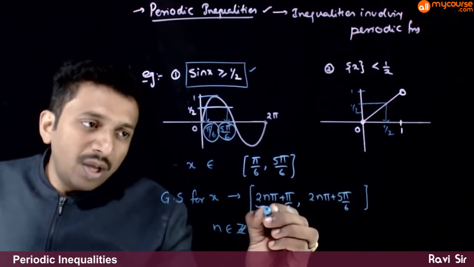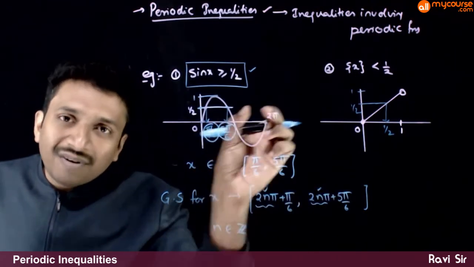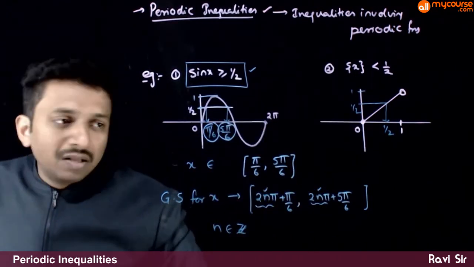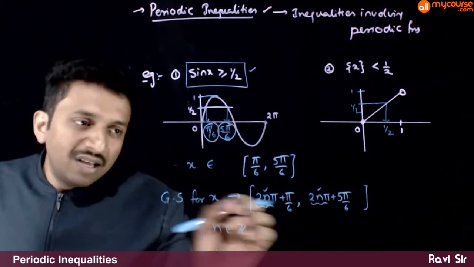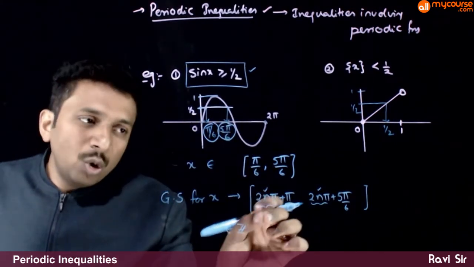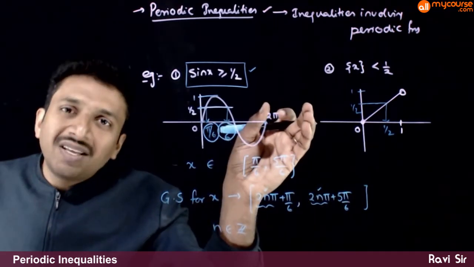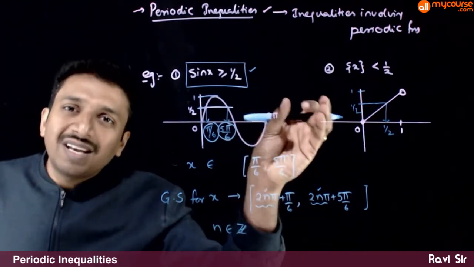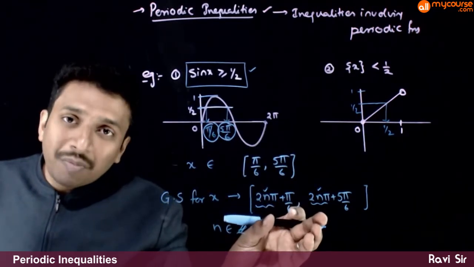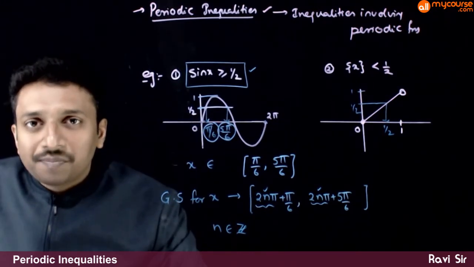So when you add 2n pi, for different values of n, you get different parts of this solution. If n is equal to 0, you get pi by 6 to 5 pi by 6, that is this part. If n is equal to 1, you get 2 pi plus pi by 6 to 2 pi plus 5 pi by 6. That is the solution in the next interval. If you put n is equal to 2, you get the solution in the next cycle. If you put n is equal to minus 1, you get the solution in the previous cycle, and so on.